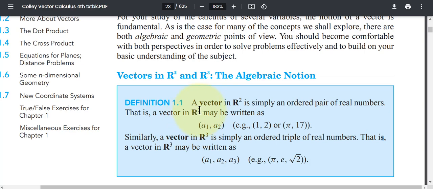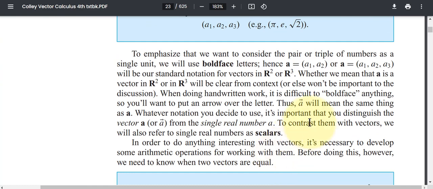It basically just means there's two elements, and each element in the vector is a real number. That's the R there. We don't have to use real numbers when we're talking about vectors, but typically we do, and so typically we have an R, and the 2 says that there are two elements, and the 3 says that there are three elements.